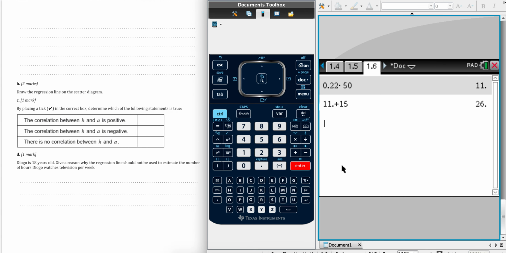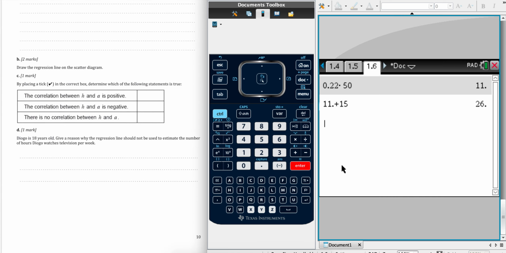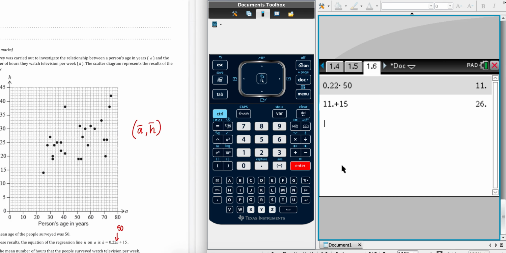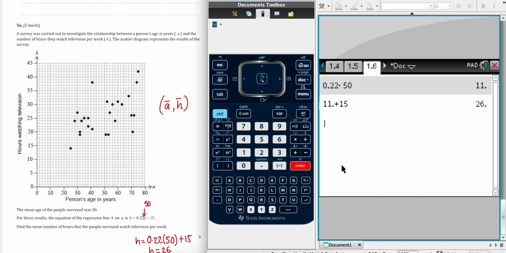And then for the next question, you're drawing the line of regression onto the scatter graph. So we know that it goes through the value of 50, 26, and you should have got follow-through marks for your answer here. And we also know, if we look at the line of regression, it's in the form mx plus b.